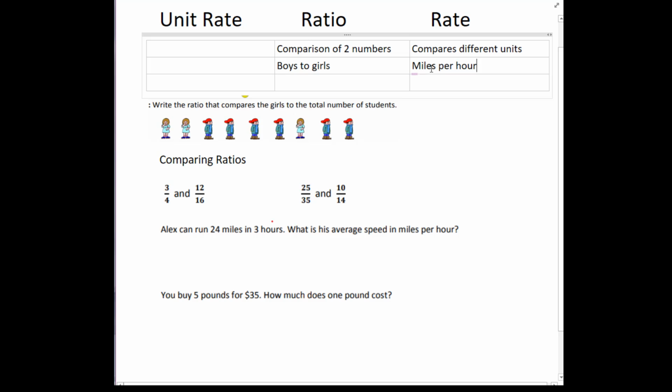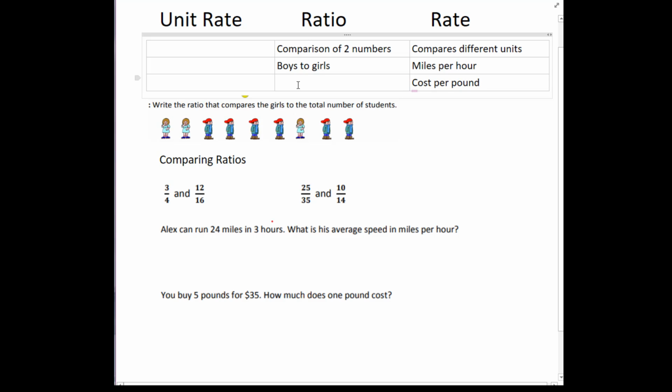Miles is a unit of measurement, and hour is a measurement of time. So those are two different units that we're comparing. Another example of a rate would be the cost per, say, pound. Cost is money, how much does it cost, and pound is weight. So those are two different units that we're comparing.